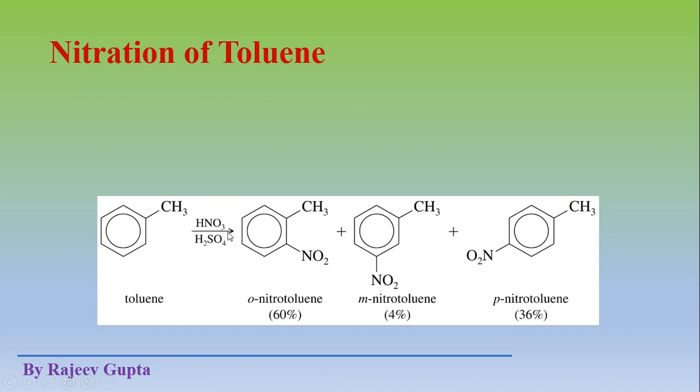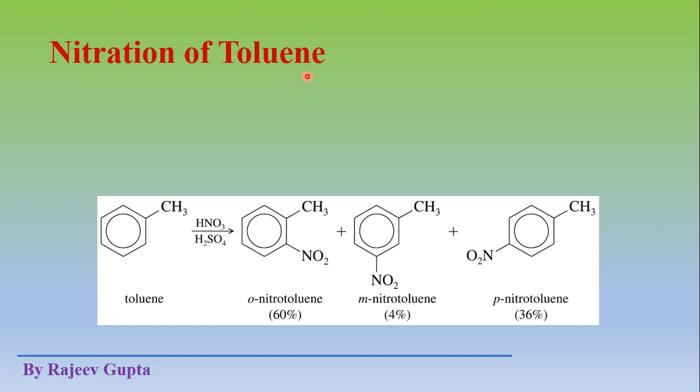Both reagents are present in their concentrated state, where they react with each other and form nitronium ion. This NO2 plus ion, or nitronium ion, works as electrophile in these aromatic substitution reactions.